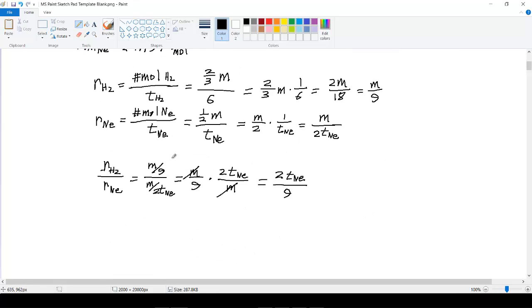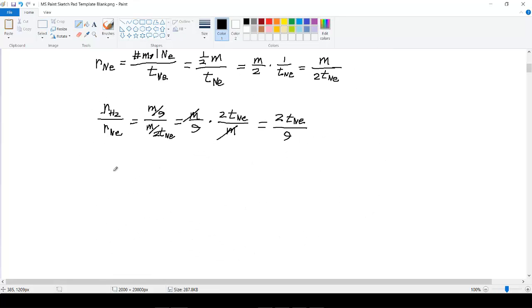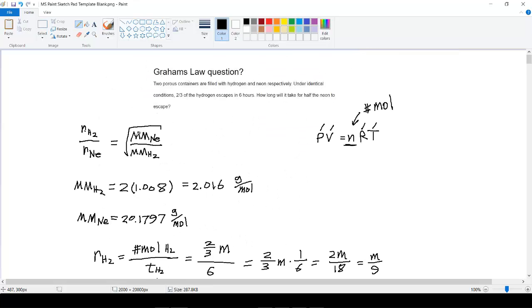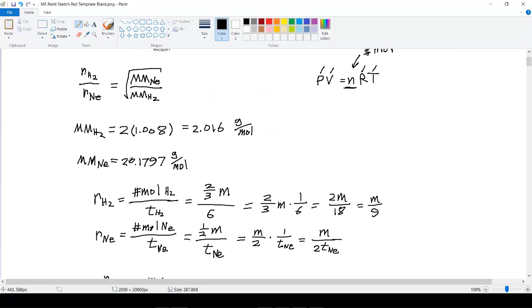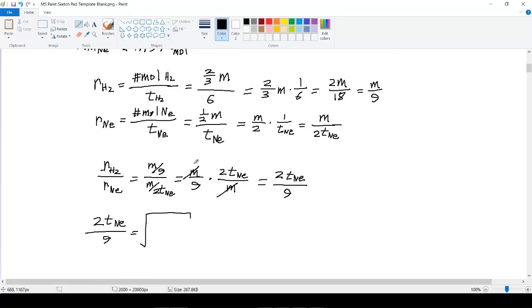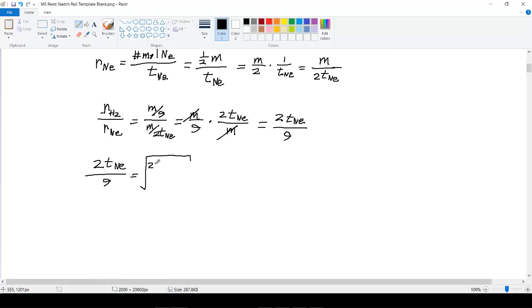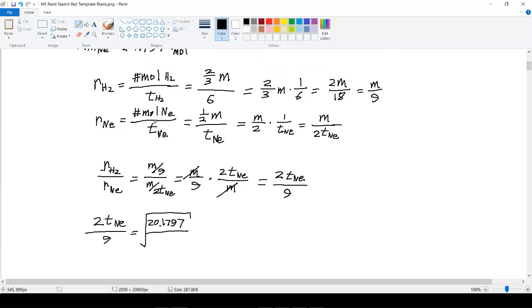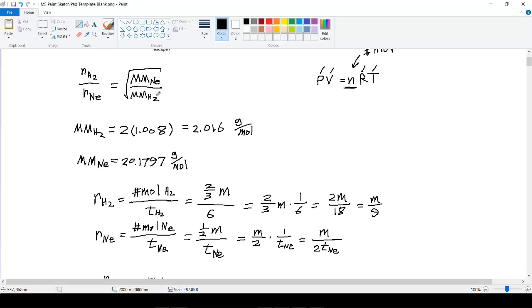So we can say that 2t of neon over 9 is equal to the square root of the molar mass of neon, which is 20.1797, divided by the molar mass of hydrogen, which is 2.016.